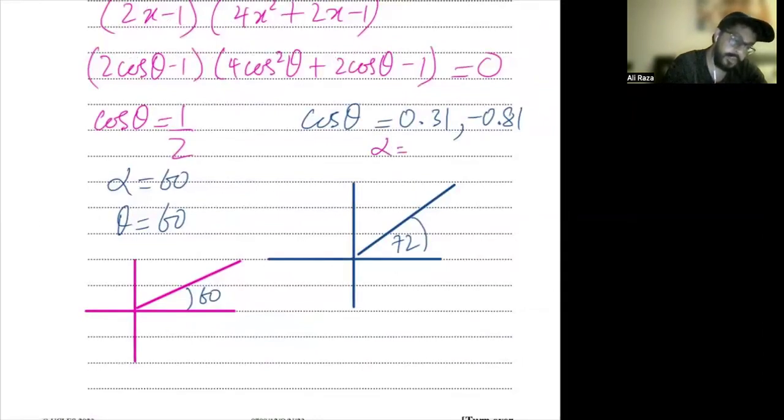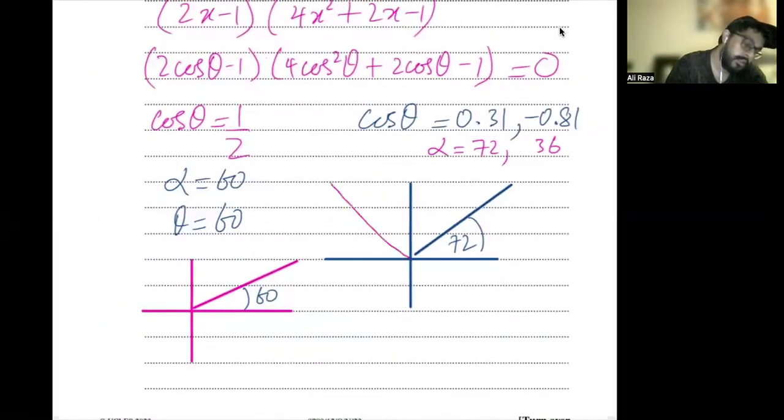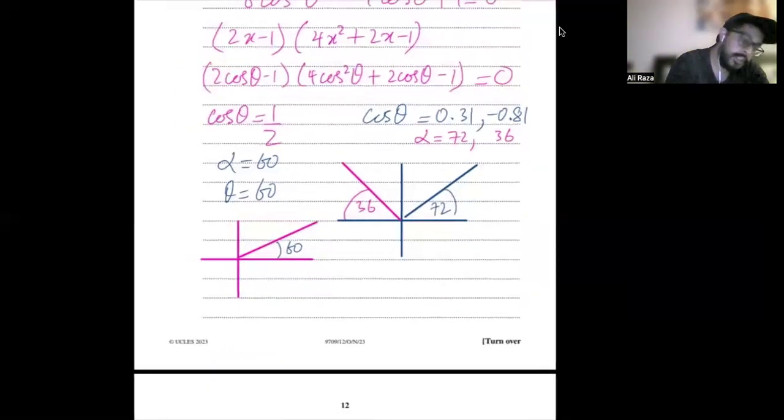The alpha for 0.31 would be 72, and the alpha for minus 0.81 would be 36. Now 36 would be plotted in the second and third quadrant where cos is negative. So the two values for theta we'll have over here would be 72 and 144. So the final answers for this are 60, 72, and 144.